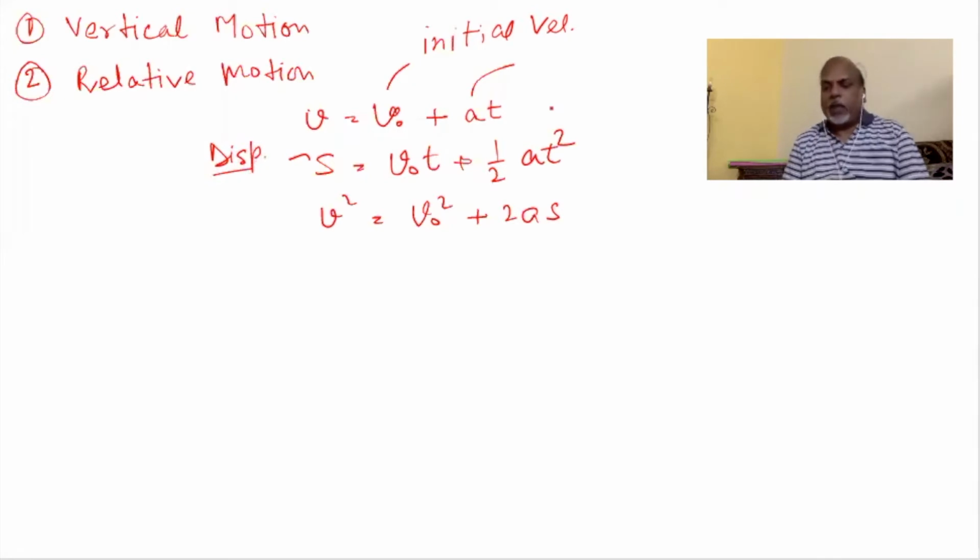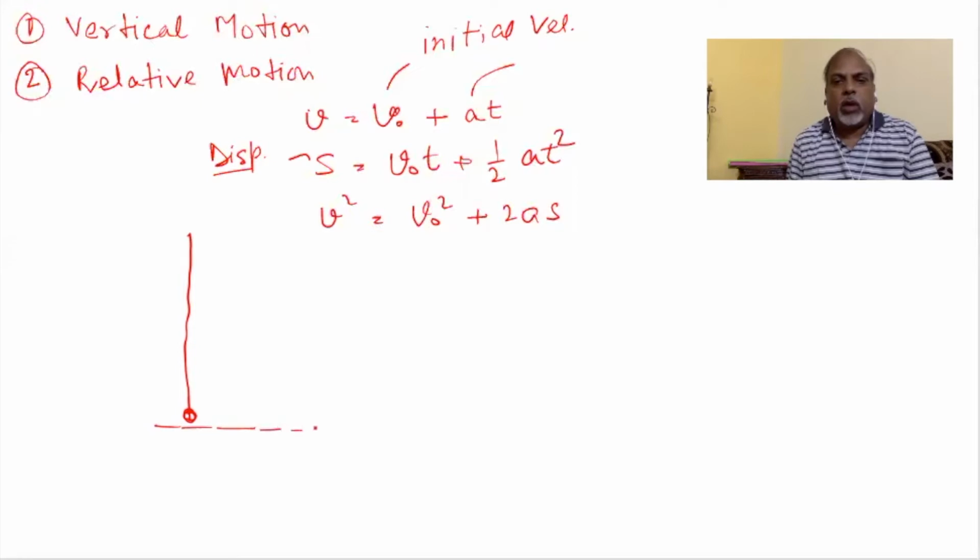Correct? Now, there are two things remaining in this chapter, that is vertical motion and relative motion. What is vertical motion? Suppose you throw a ball vertically. So what will happen? This ball, if you are throwing it from the earth, it will not go on its own.